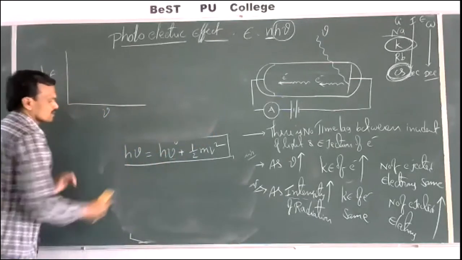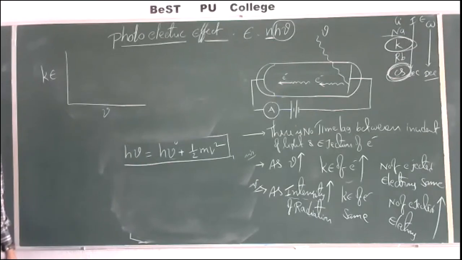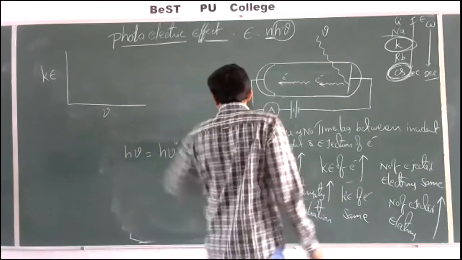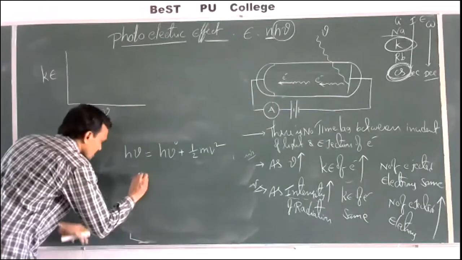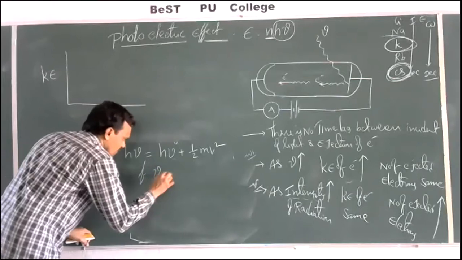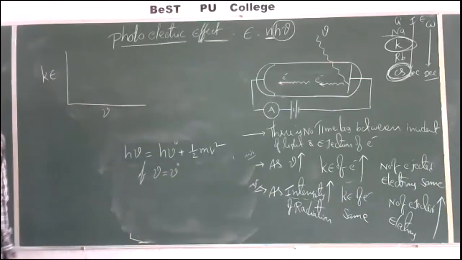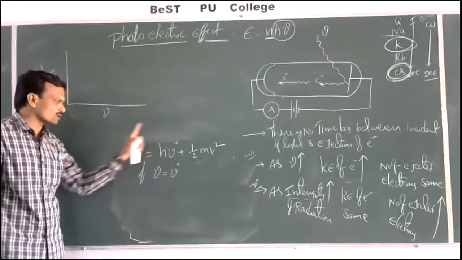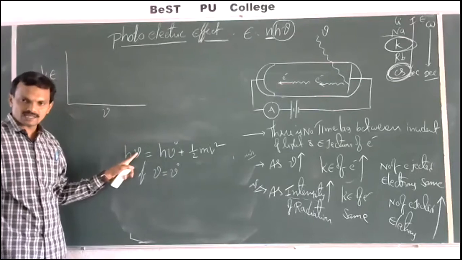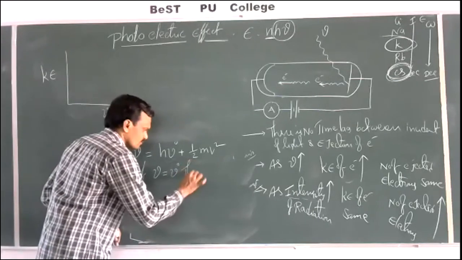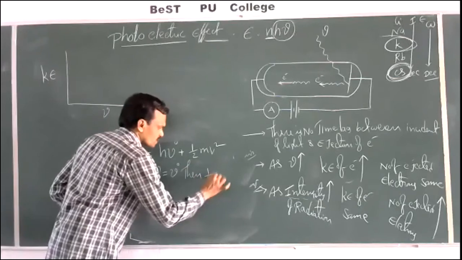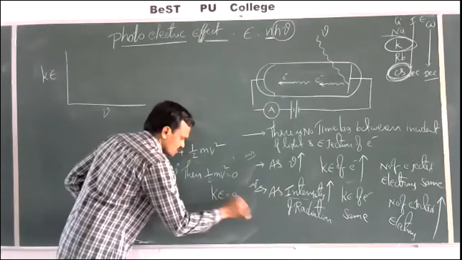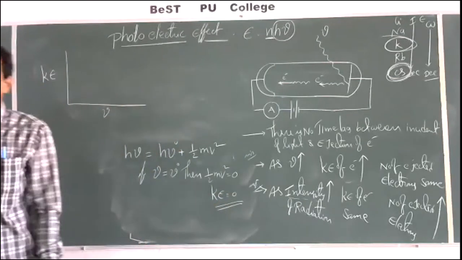This is the equation: h nu is equal to h nu naught plus half m v square. Suppose nu is equal to nu naught, that means the threshold frequency is equal to the frequency of incident light, then half m v square is equal to 0. That means the kinetic energy of the ejected electron is 0.